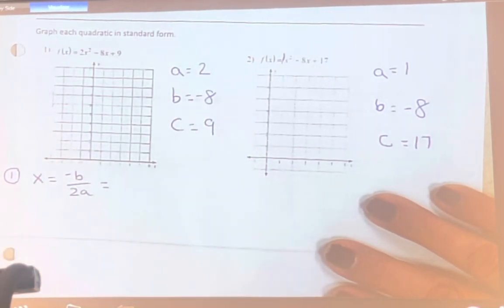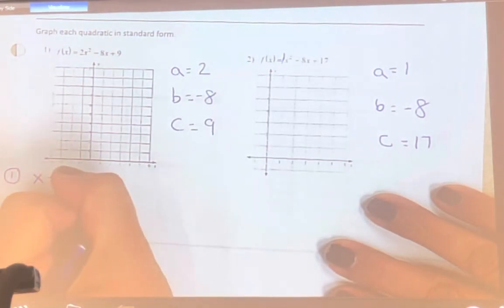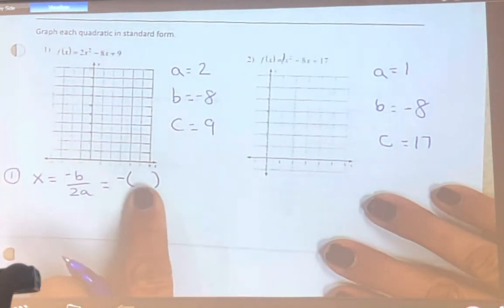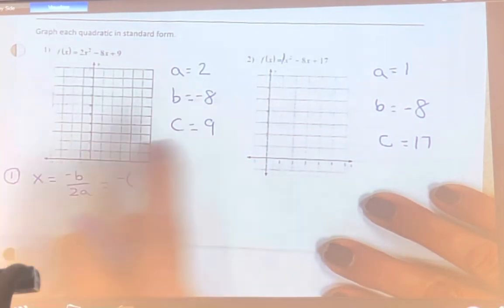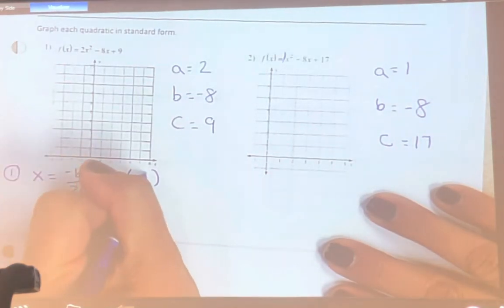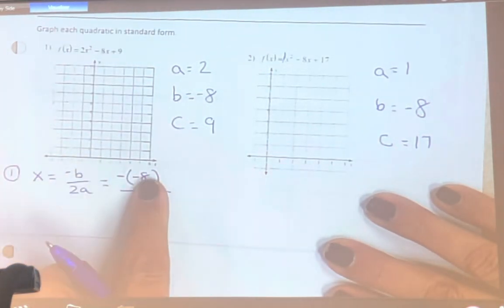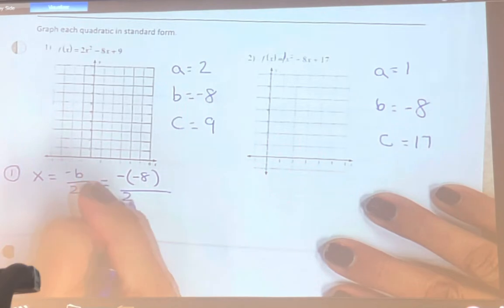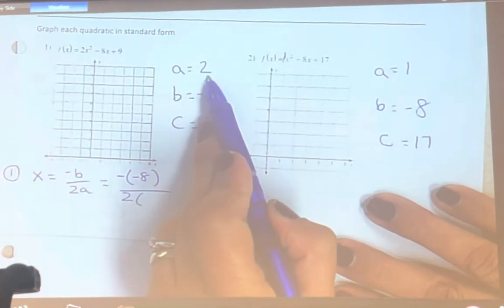So here's where you have to be careful. You want to write that negative and then parentheses. You're going to put whatever b is inside the parentheses so we don't get confused with all these negatives floating around. And b is negative 8. Negative b over 2 parentheses 2.